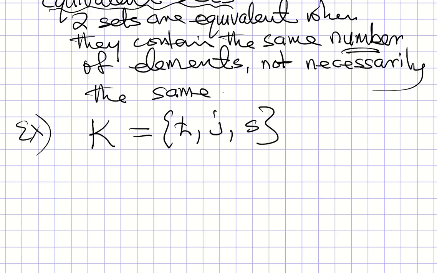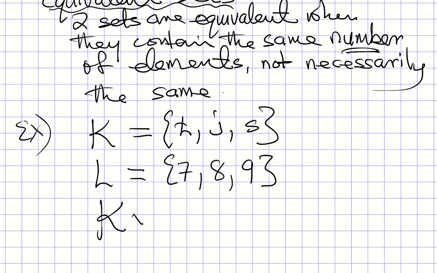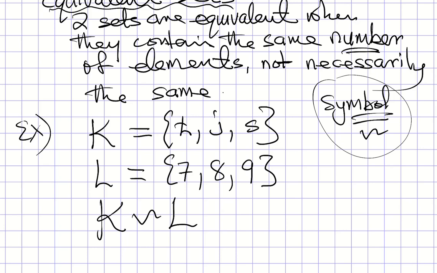And let L be the set 7, 8, 9. Okay, see, the two sets are equivalent. Usually the symbol of equivalent is this. The two sets are equivalent, written like this: K is equivalent to L. The symbol of equivalence is this here. So it's written like that over there.